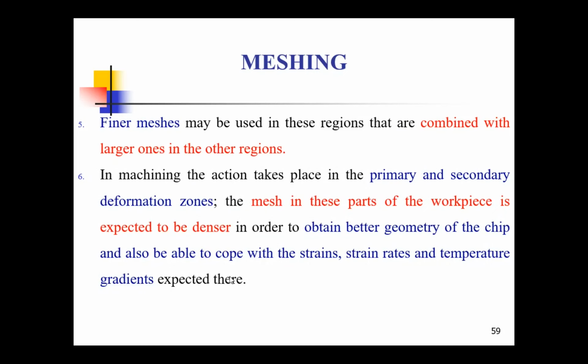Then strain rate, temperatures, everything we are going to determine only at the two deformation zones. So at the two deformation zones, the meshing should be denser or finer. If I consider a coarse mesh at that point, then I cannot rely upon my results.